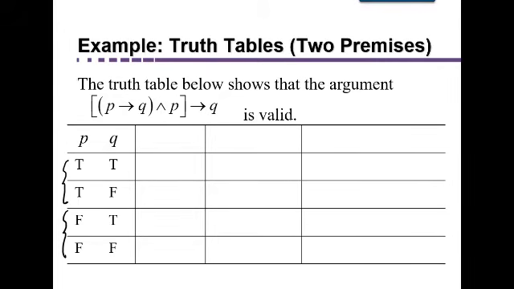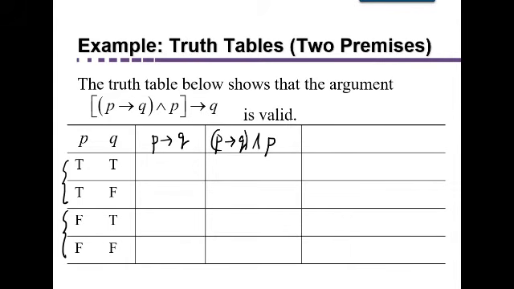All right, then we need to decide on our column headings. And remember, just like in algebra, whatever's in the innermost parentheses is going to be analyzed first. Unless there are any negations of individual components, we would do those first, but we don't have any here. So going to the innermost parentheses first, our first column heading is going to be P implies Q. All right, then working outward, inside the brackets, we have P implies Q and P. And then we're going to have only one connective left.